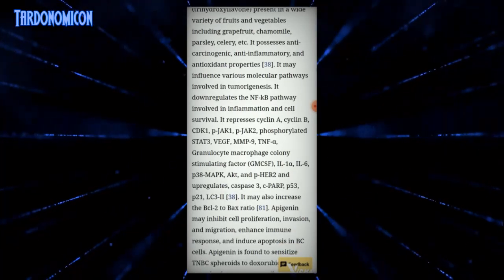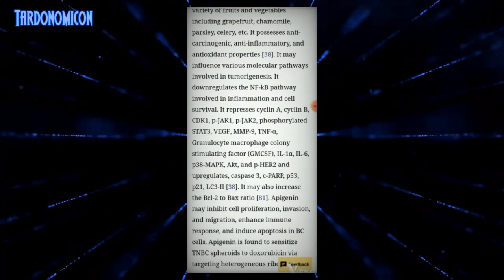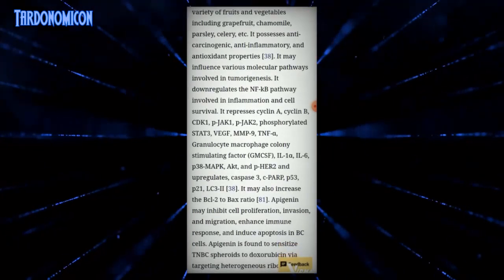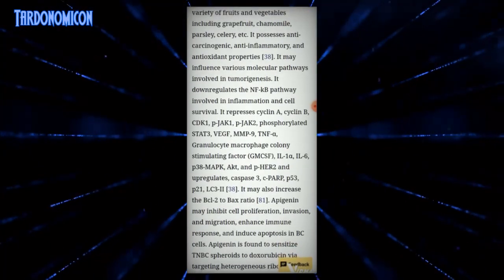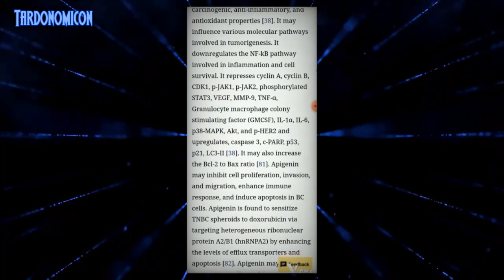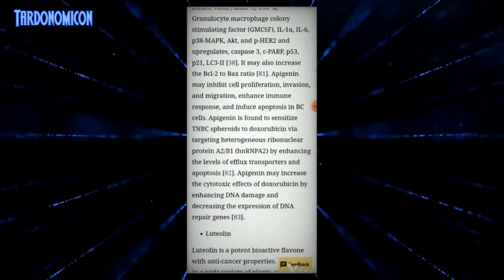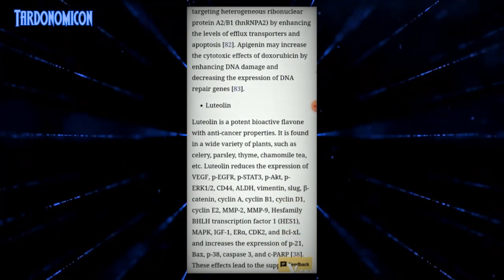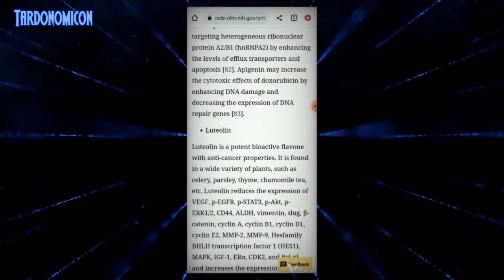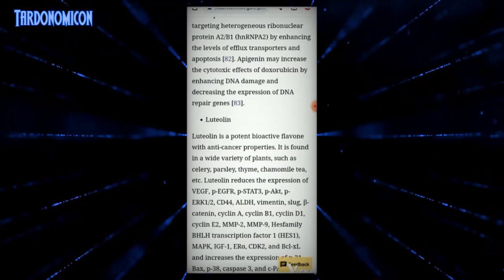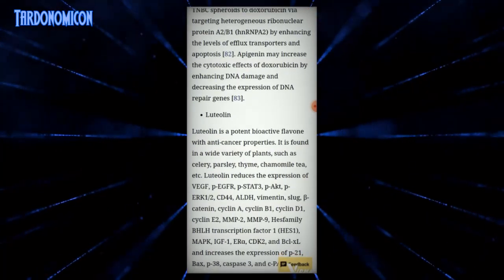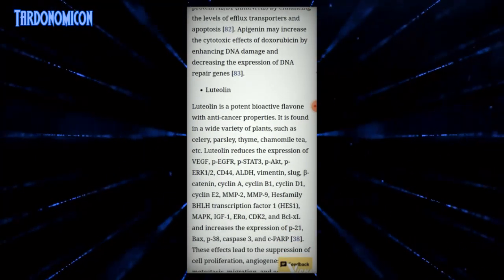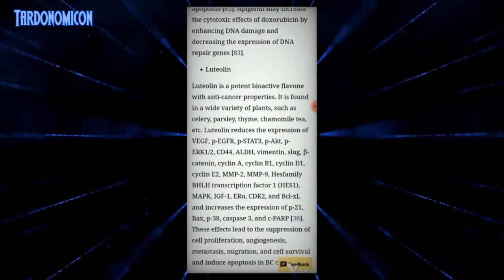It might be important to explain that the risk of cancer goes up as you age. It may influence various molecular pathways involved in tumorigenesis. Apigenin is found to sensitize. Okay. So, apigenin may increase the cytotoxic effects of a certain drug there, I guess, by enhancing DNA damage and decreasing expression of DNA repair genes.